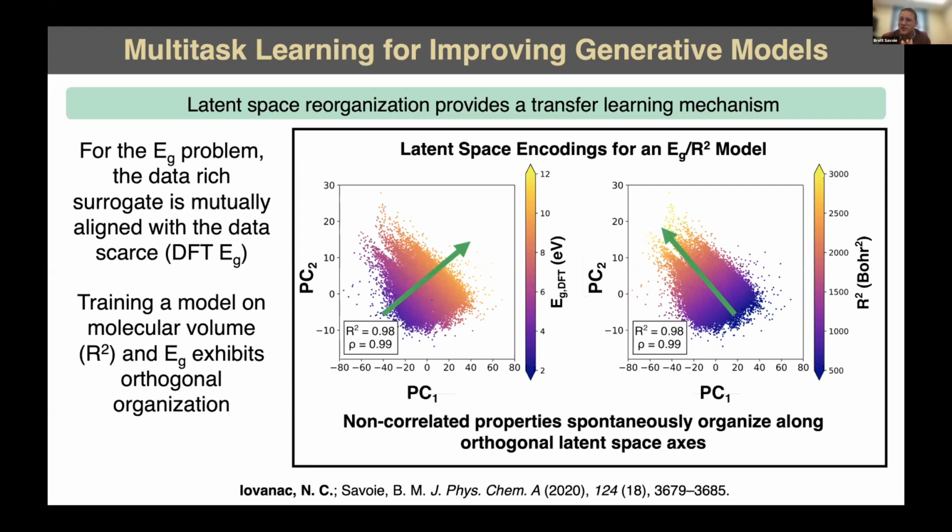But this orthogonal organization can still help you if you're sampling around existing molecules. That's the argument: by organizing the latent space with respect to these other properties, even uncorrelated properties, the model is still learning something about chemistry.